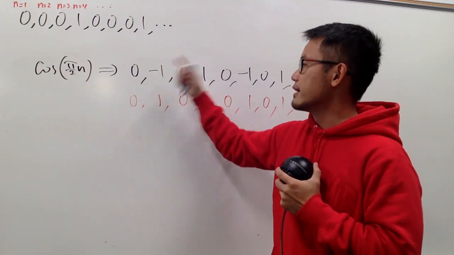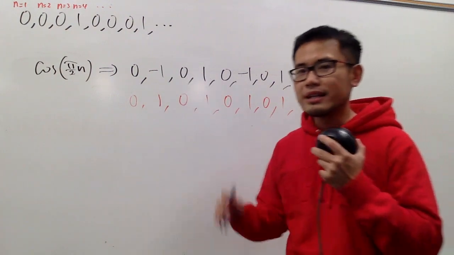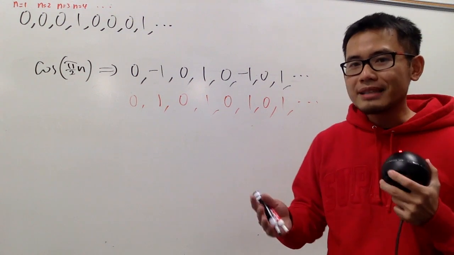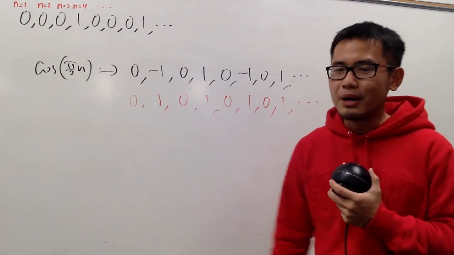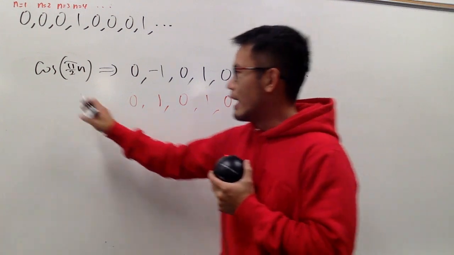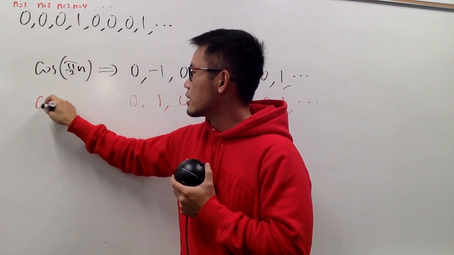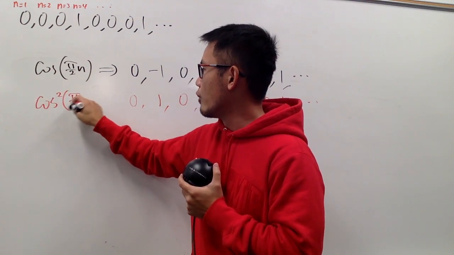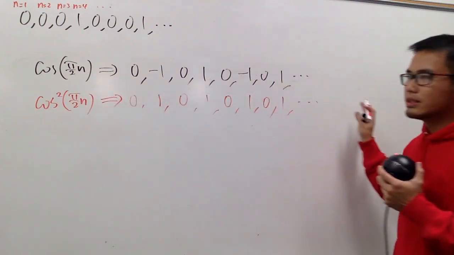When you square -1, you still get +1. So, up to you. If you like absolute value, go ahead and use that. But I think squaring is actually much better because you don't need to worry about it when you differentiate and then you get any corners, things like that, right? So I will just look at this and I will square that, and I will put this down in red. Cosine square of pi over 2n. This will precisely give you this sequence here.